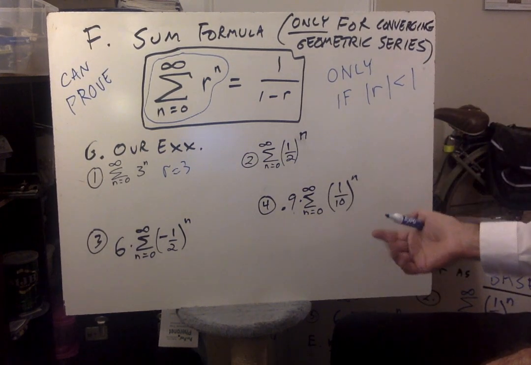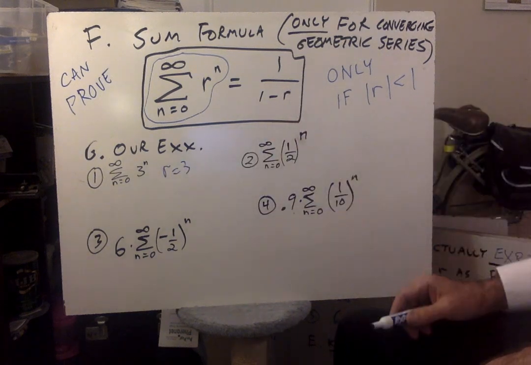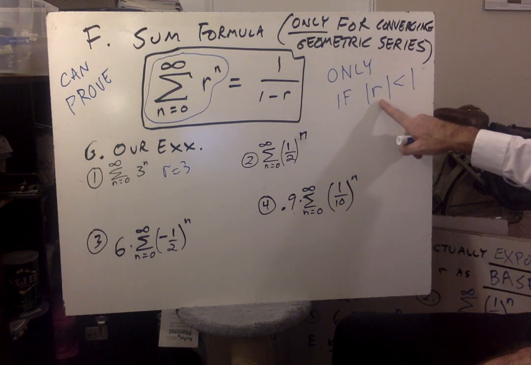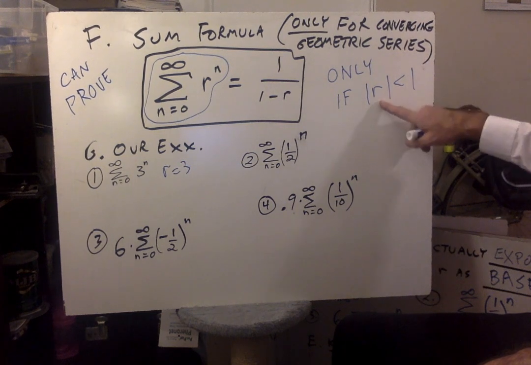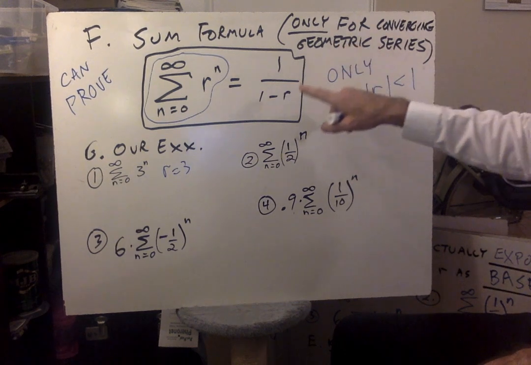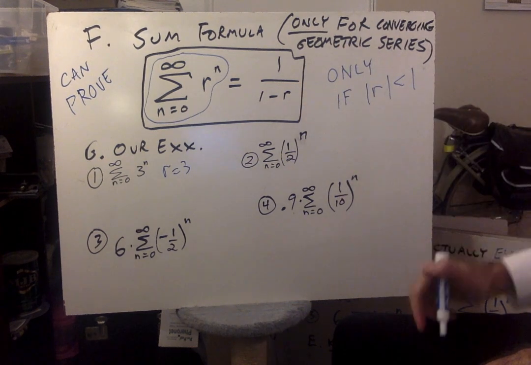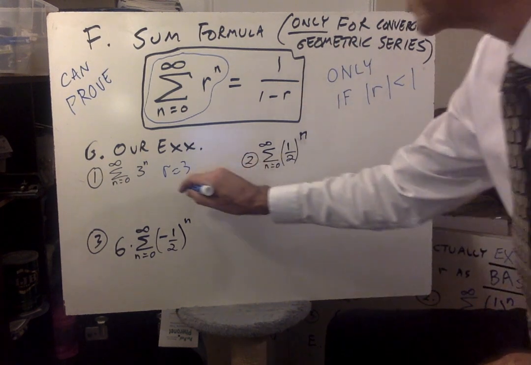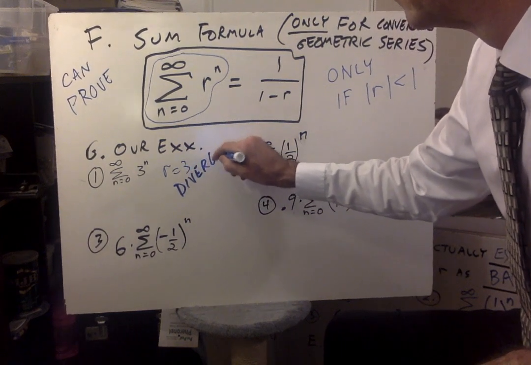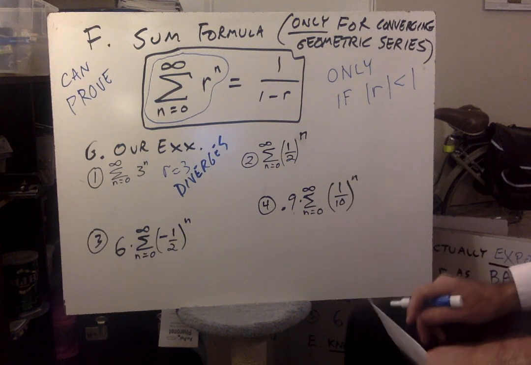It will give you a number, of course. You could plug 3 in there, but the number will be nonsense. So the first thing you have to do is check to see if the series converges. Of course, that's our first question. That's most important. Then if it does converge, you put the R in this formula and you get the sum. All right, so this diverges. So we cannot calculate the sum for it.